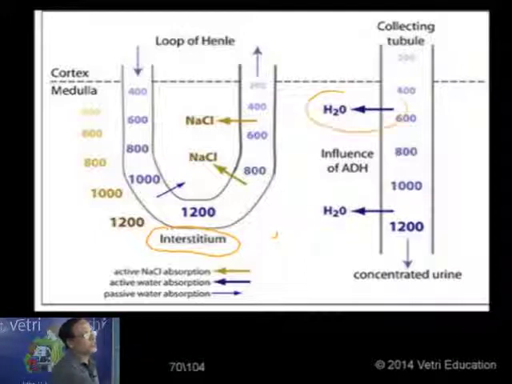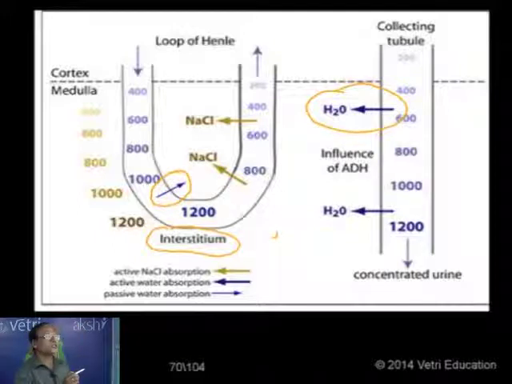You see the arrow mark very thick, and the arrow mark very thin. So in Henle's loop, just a passive reabsorption of water takes place. But in the collecting duct, it is by means of active absorption of water with the help of ADH hormone. That's why the arrow marks are very thick here and very thin there. So here by passive absorption of water, here by active absorption of water with the help of ADH hormone. That is why the urine becomes more and more concentrated.